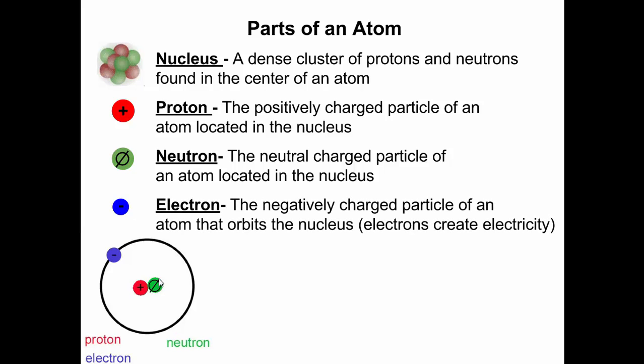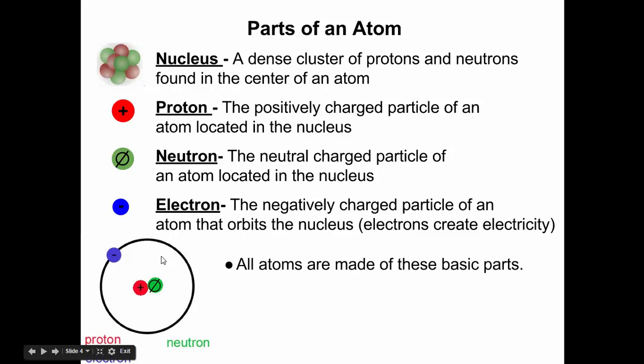And the last one is the electron. And the electron is the negatively charged particle of the atom that orbits the nucleus. So those electrons are circling that nucleus at a very high rate of speed. And those electrons create electricity. All atoms are made of these 3 basic parts.